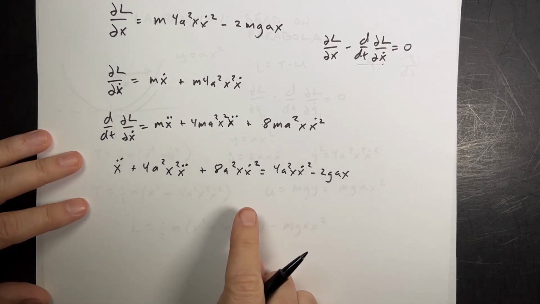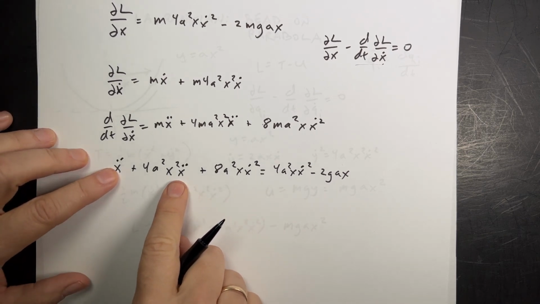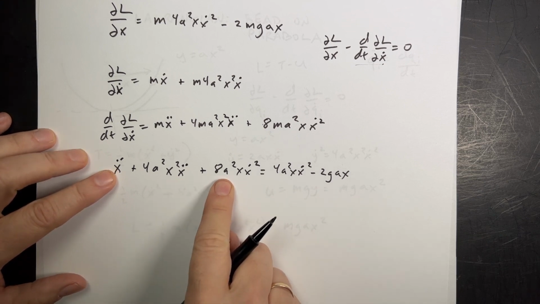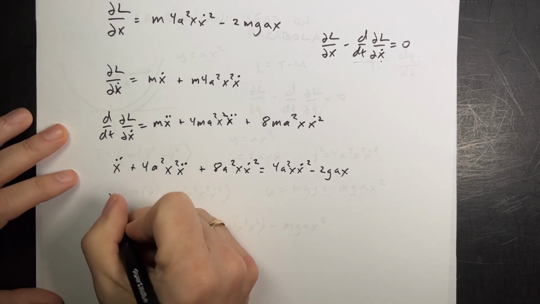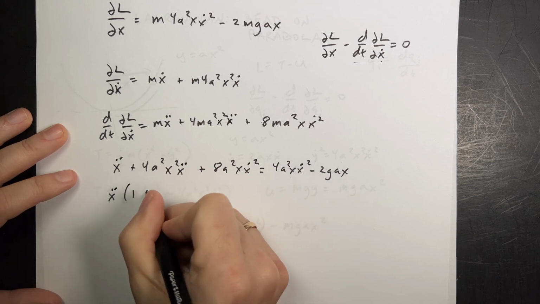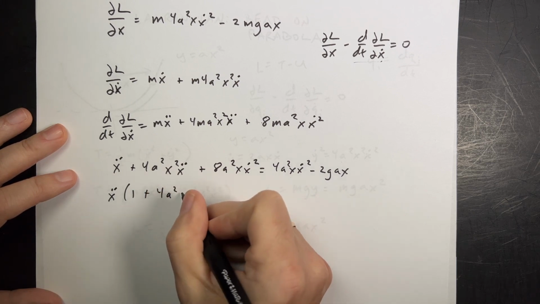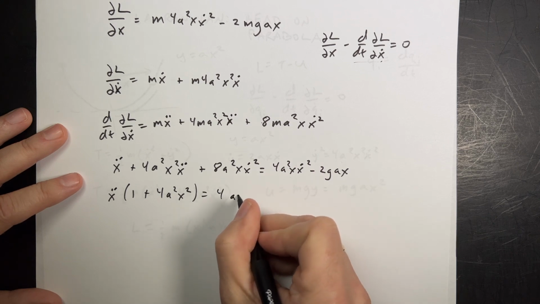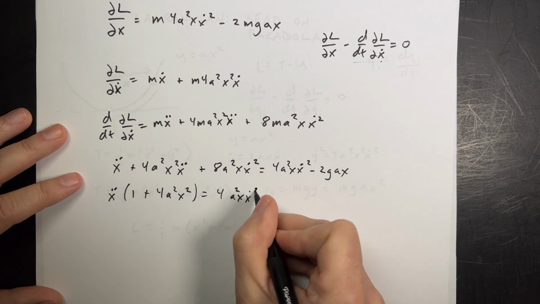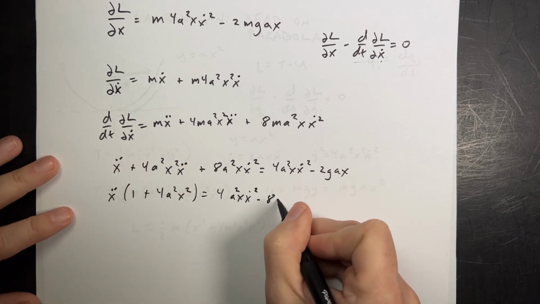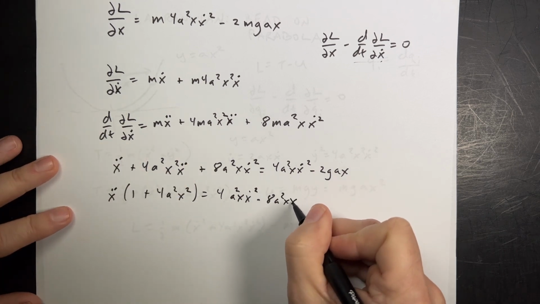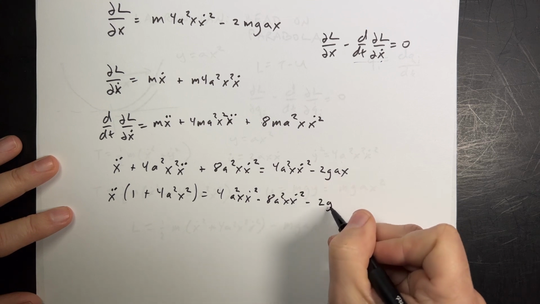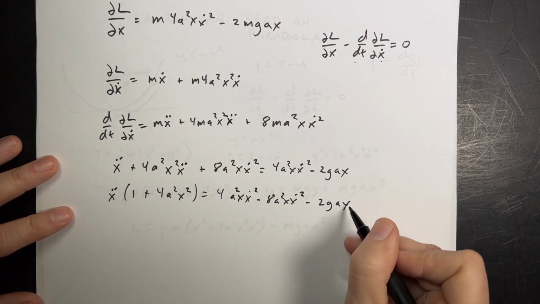Okay, I want to solve for x double dot. So I'm going to factor out the x double dot right here, and subtract that from both sides. So I get x double dot times 1 plus 4a squared x squared equals 4a squared x dot squared minus 8a squared x dot squared minus 2gax.